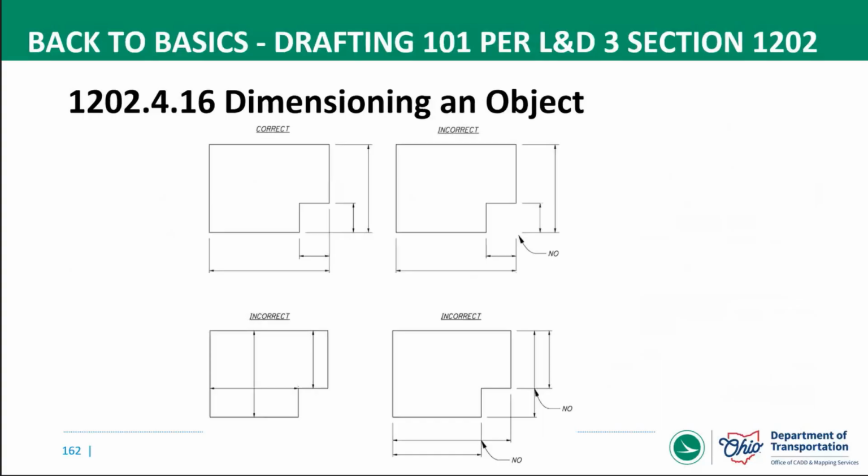And you can see this one on the lower left, this horizontal dimension is an extension of that little line on the bottom of the shape. So it's hard to tell where that begins and ends. And then the lower right, here's where you have the longer dimension on the inside. So you have extension lines crossing dimension lines.